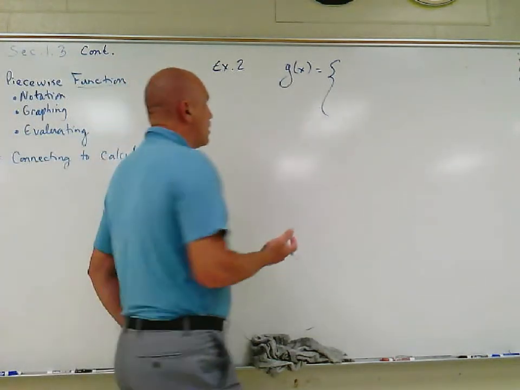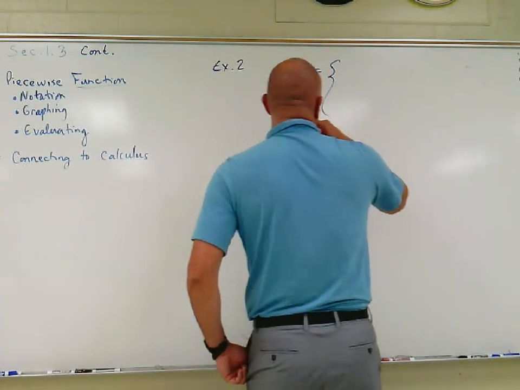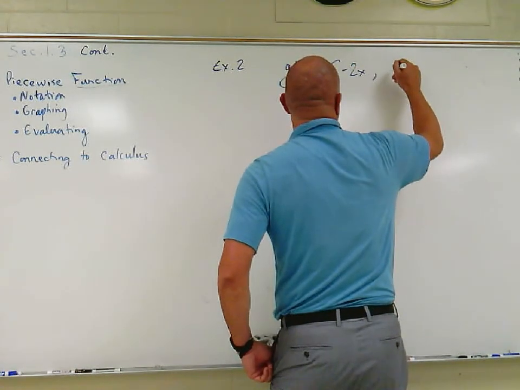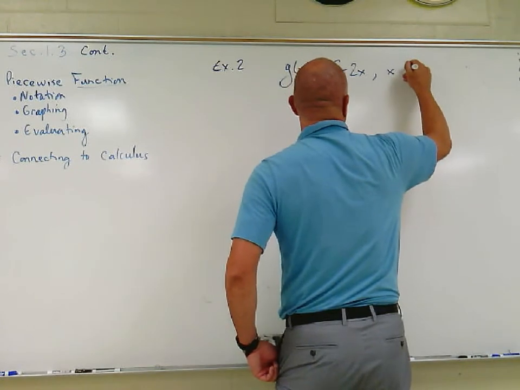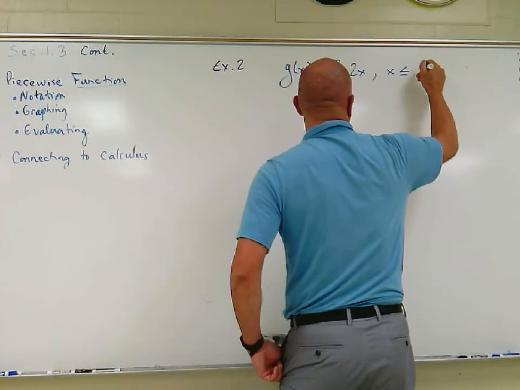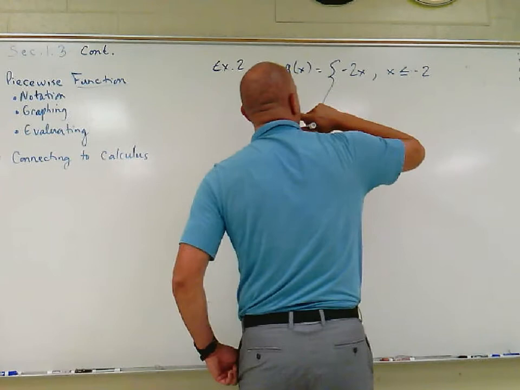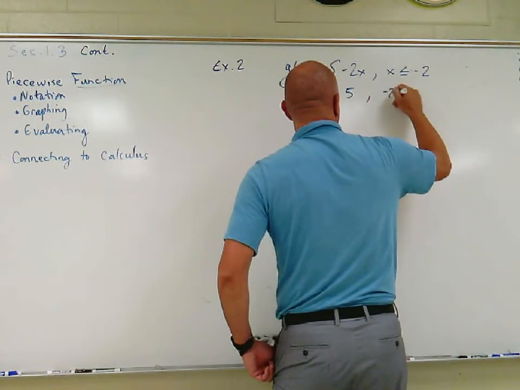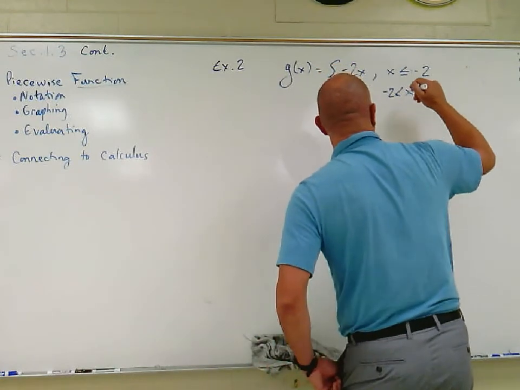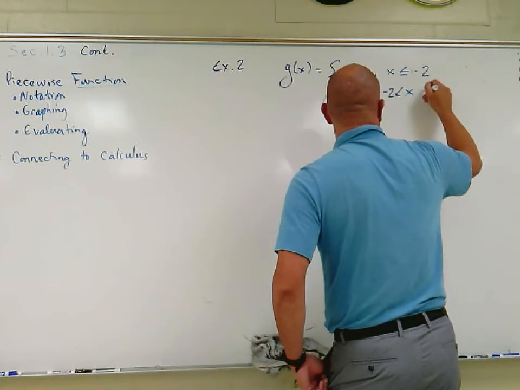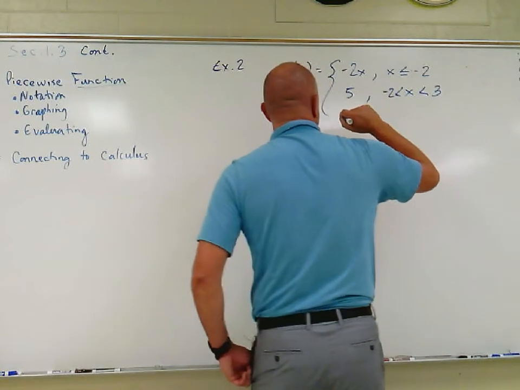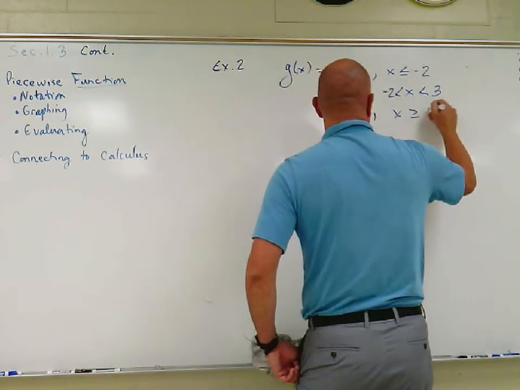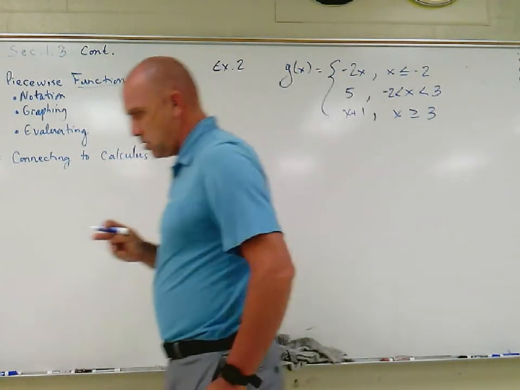And maybe I'm going to use negative 2x for x less than or equal to negative 2, 5 for x greater than negative 2 and less than 3, and x plus 1 for x greater than or equal to 3. All right.